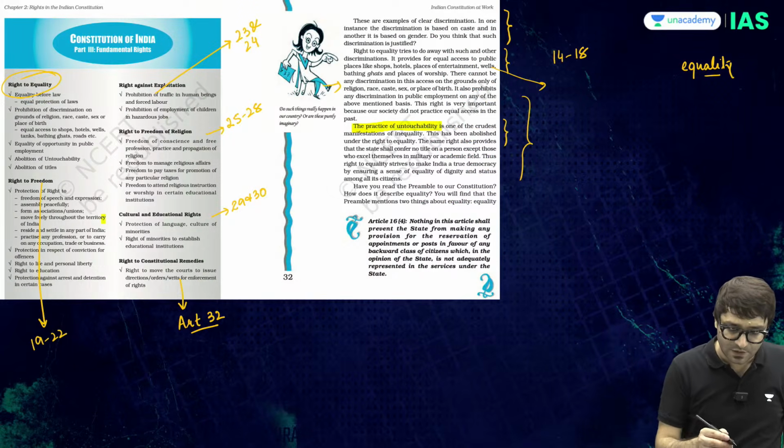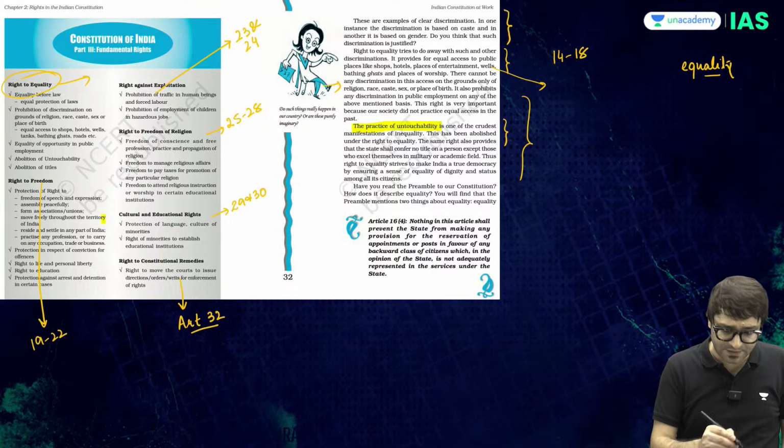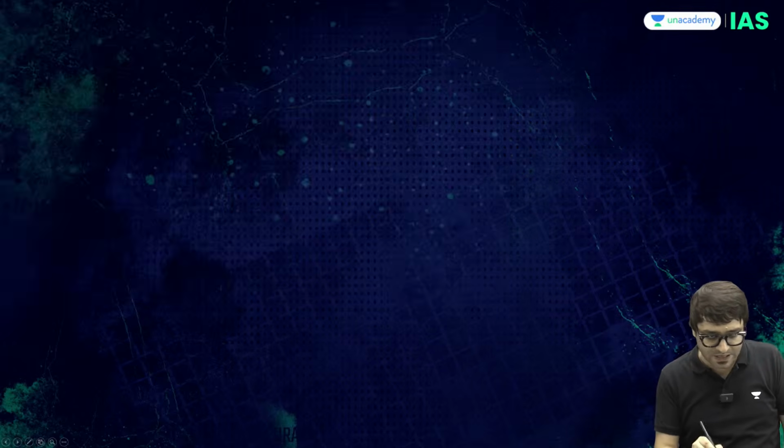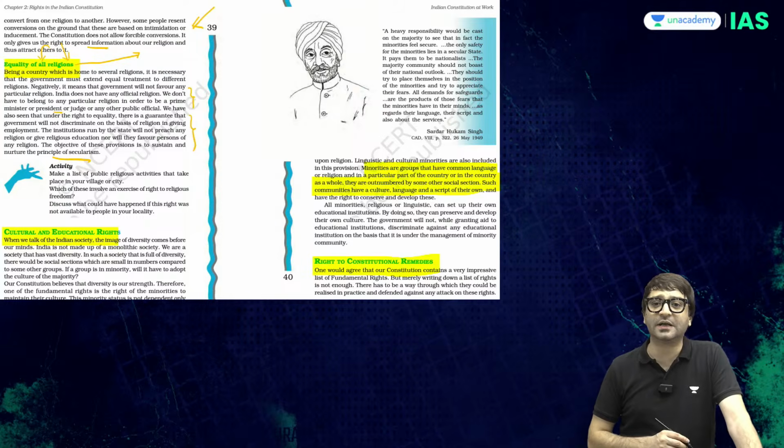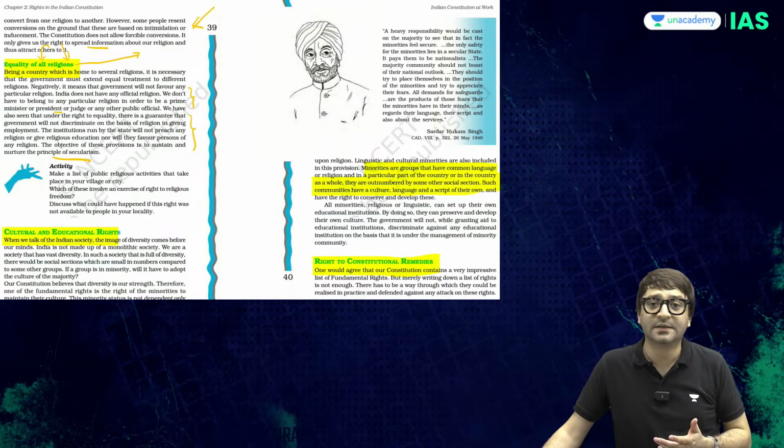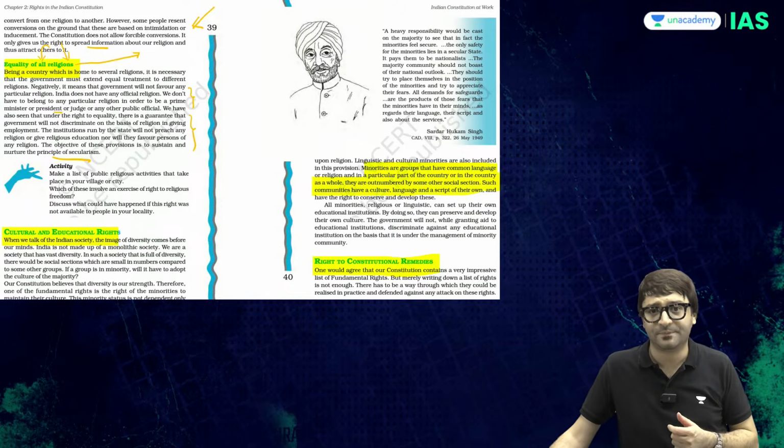So one set of rights, as we discussed, was the right to equality. Then we discussed right to freedom, then right against exploitation, then right to freedom of religion. Now comes cultural and educational rights. What are these cultural and educational rights? India is not a homogeneous society.